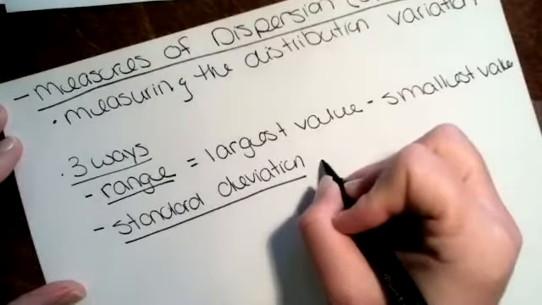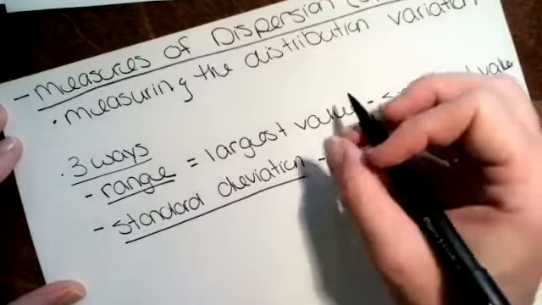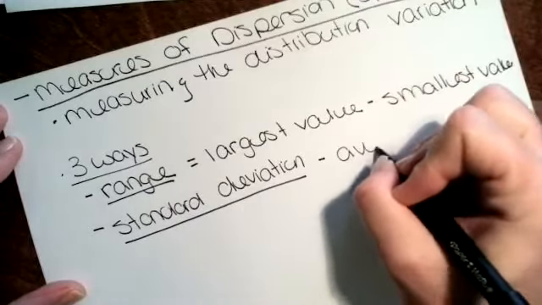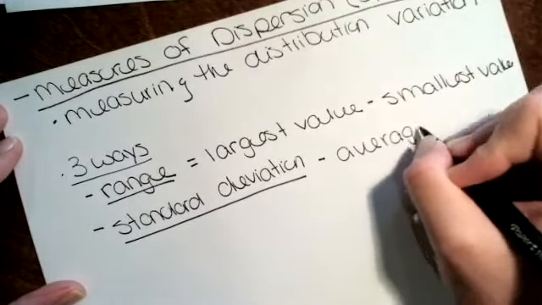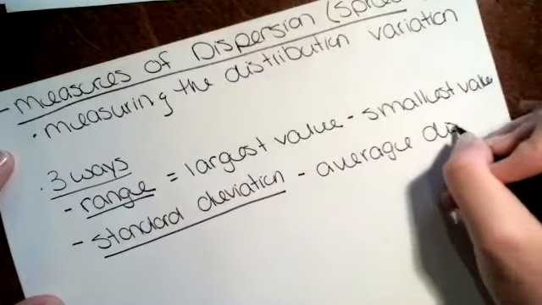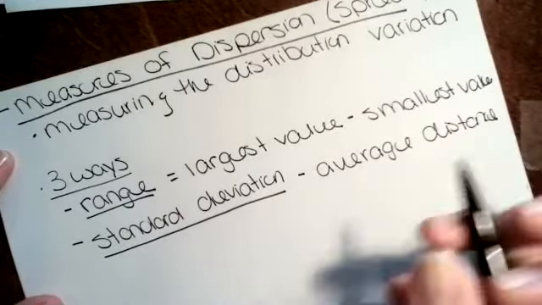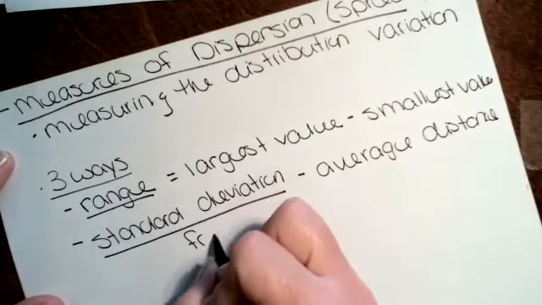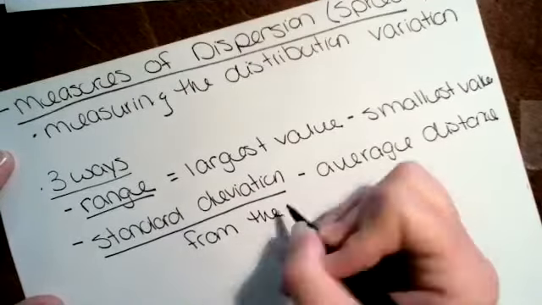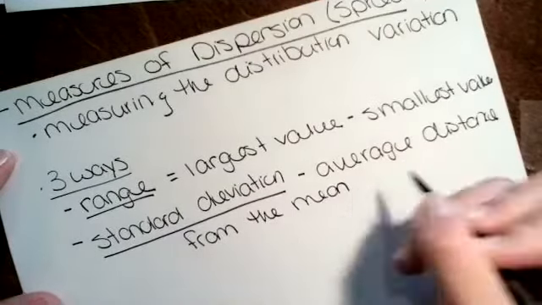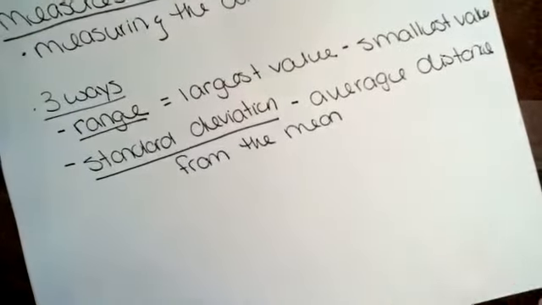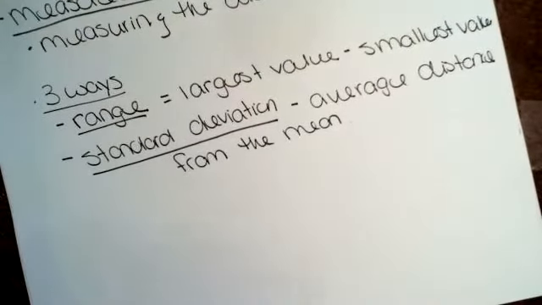Standard deviation is just the average distance from the mean. So you'll see when I show you this calculation, it's a long one. We do it once or twice, and then you'll use your technology going forward on that.